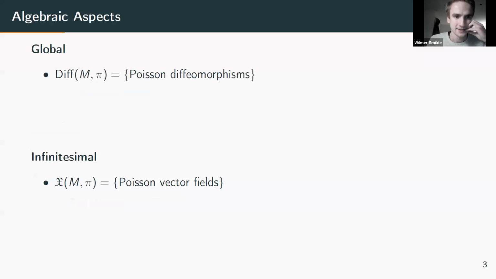All right, let's dive immediately into it. So suppose we have a Poisson manifold M with Poisson structure pi. One can look at the group of all diffeomorphisms that preserve the Poisson structure. These form a group, and infinitesimally, there's this counterpart of the Poisson vector fields. These generate sort of the Poisson diffeomorphisms. This is not the full story because this group admits various kinds of interesting subgroups.